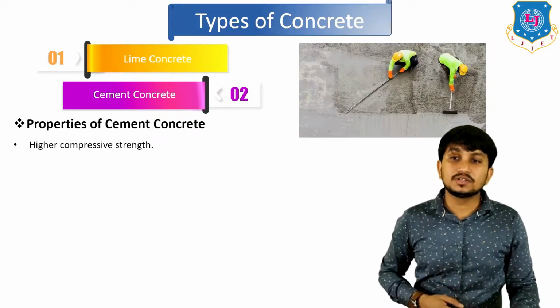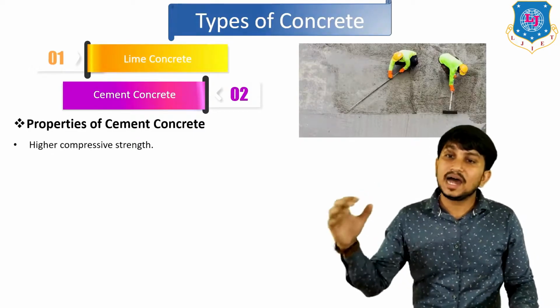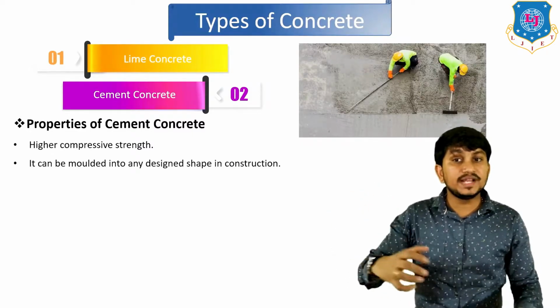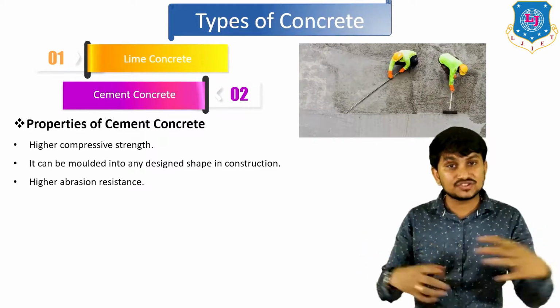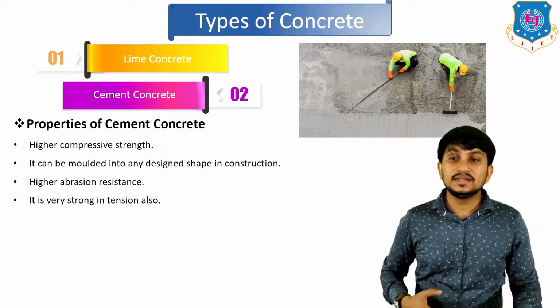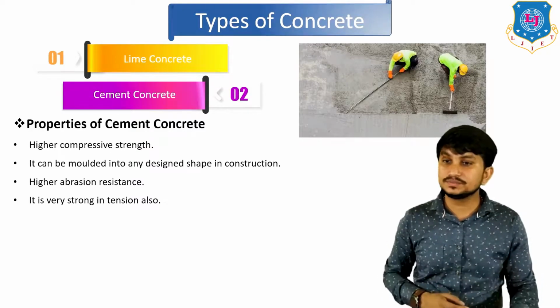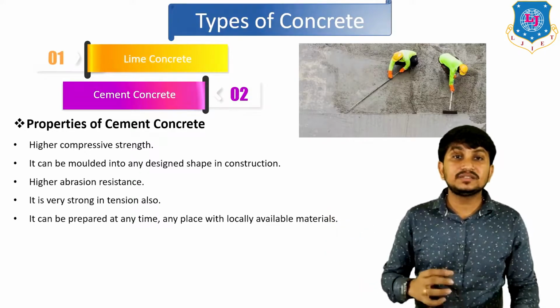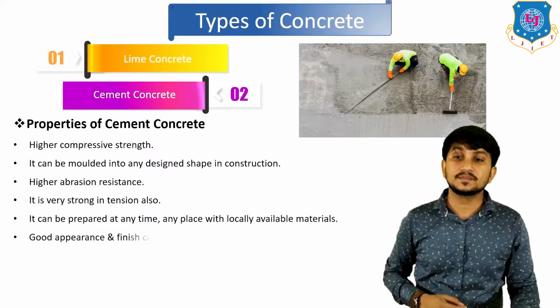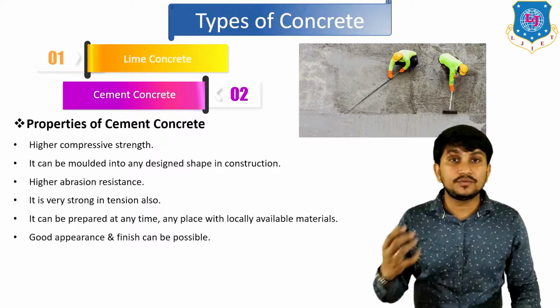The properties of cement concrete: it has high compressive strength, it can be molded in any designated shape in construction, it has higher abrasion resistance, it is very strong in tension also, and it can be prepared at any time, any place with the help of locally available materials. It has good appearance and finish.